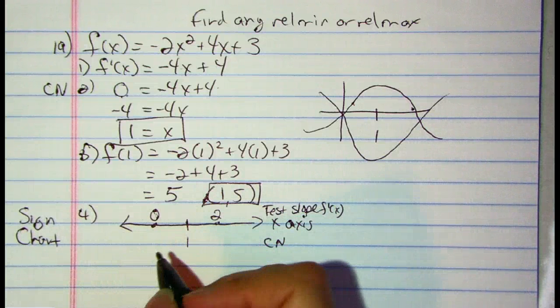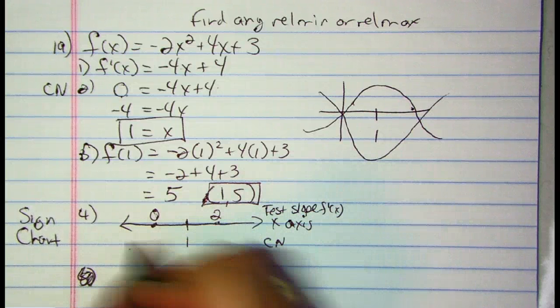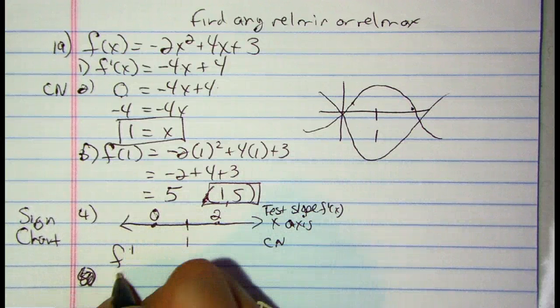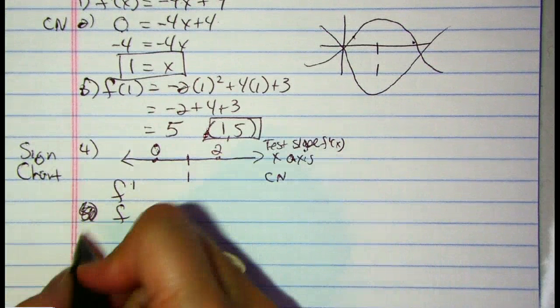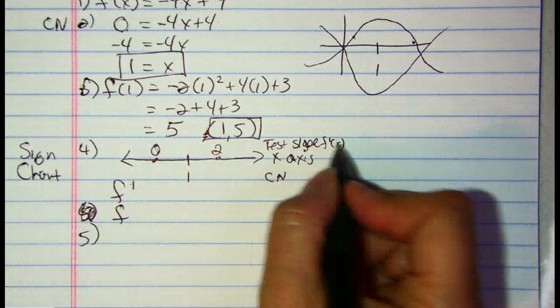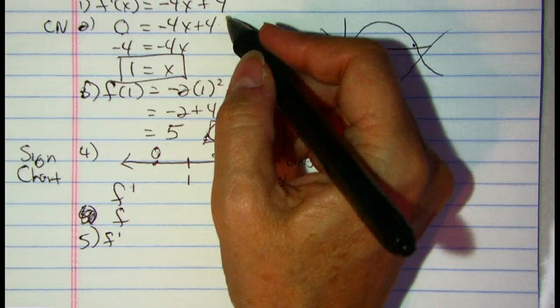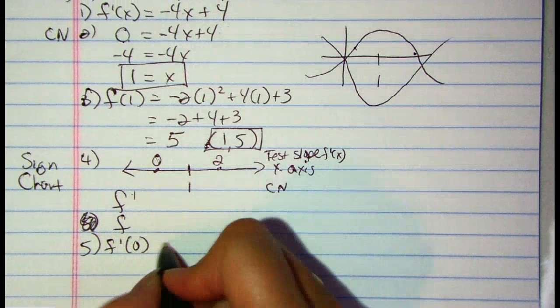So in step 5, and let's put this down, sorry, too early. For my sign chart, I want to put f prime and f here. I'm going to answer some questions as I do the first derivative test. So step 5, I'm going to test those test values into my first derivative. Let's see, it's right back up here. So I'm going to test this test value of 0.